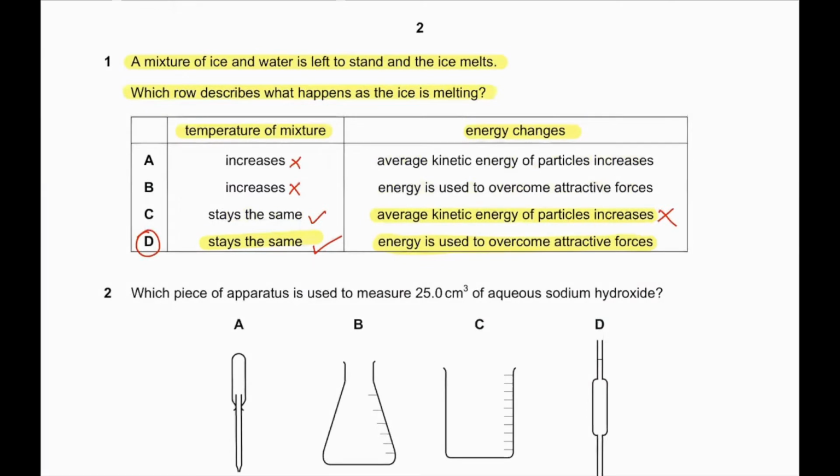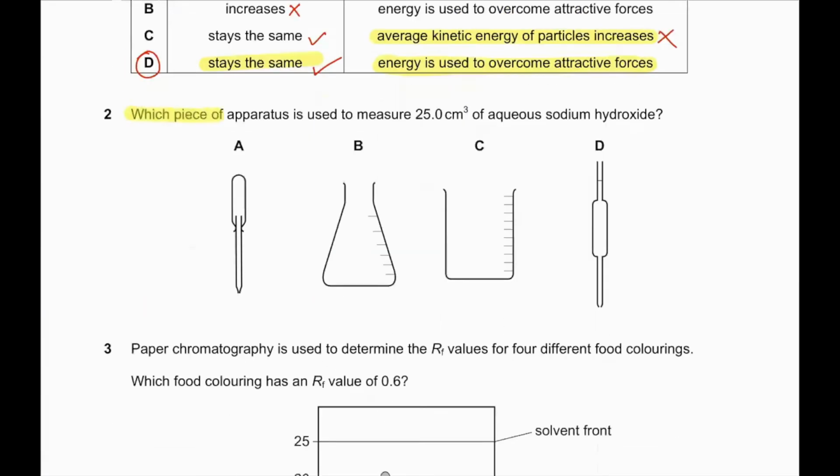Guys, moving to question number 2. Which piece of apparatus is used to measure 25 cm cube of aqueous sodium hydroxide? If we want to measure accurately 25 cm cube of aqueous sodium hydroxide, we can use a pipette.